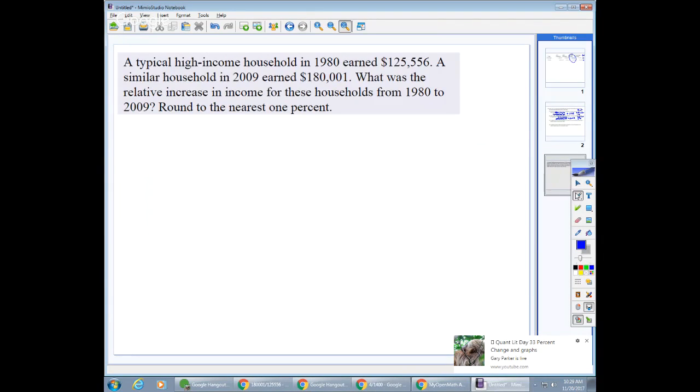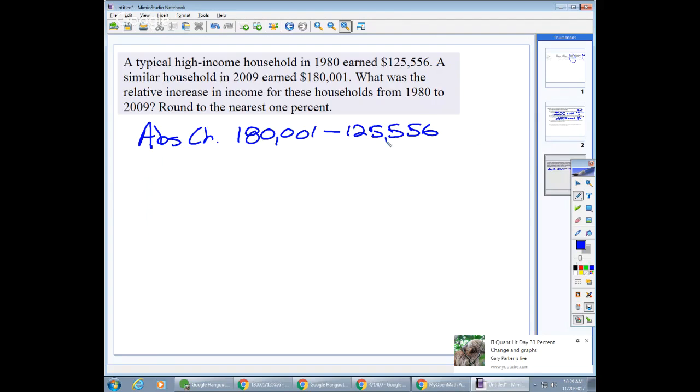So first way to look at it is find the absolute change. And that's where I take the new amount. Let's work it out. For the new amount, 181 minus 125,556.